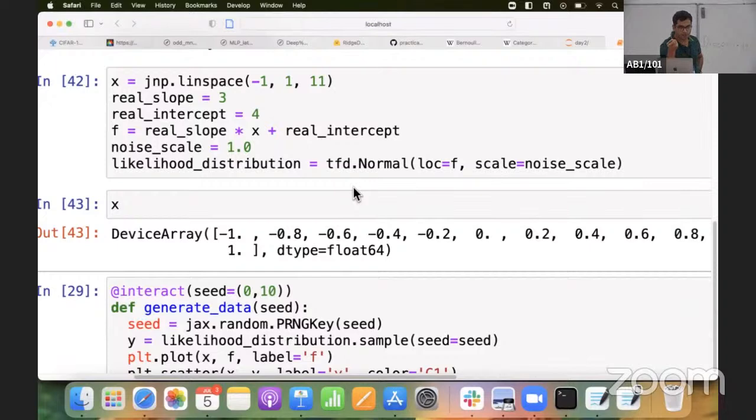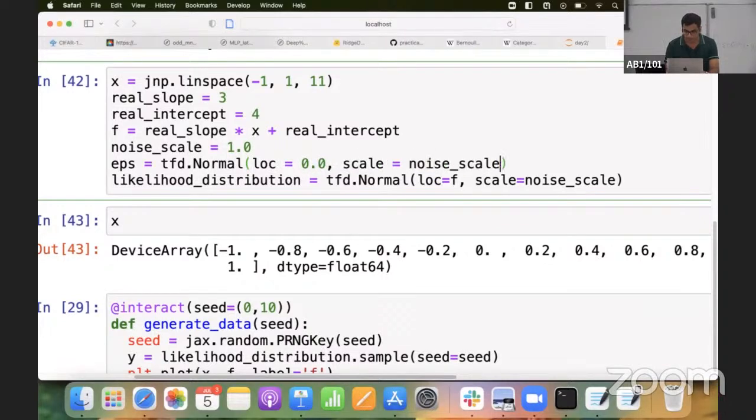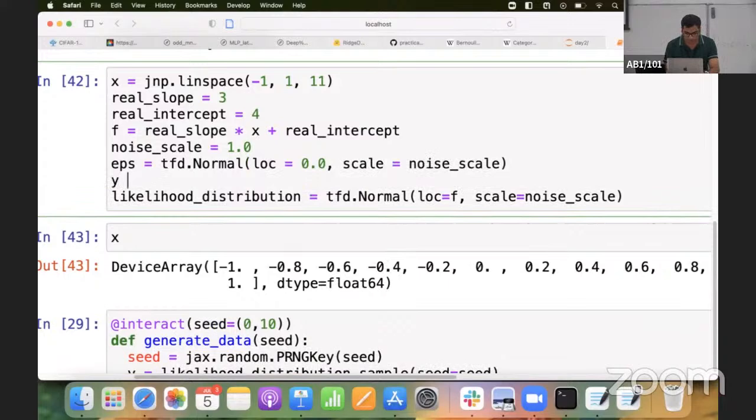You have the real slope 3 and the real intercept 4. So your F is equal to 4 plus 3x, right? That's what I've written. Noise scale is 1.0. My likelihood distribution is a normal distribution with location equal to F and scale equal to noise scale. Actually, I can write my epsilon as a normal distribution with location equal to 0.0 and scale equal to noise scale, and my y is equal to f plus epsilon.